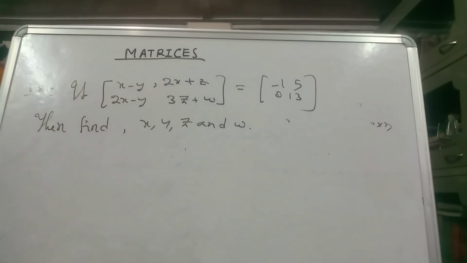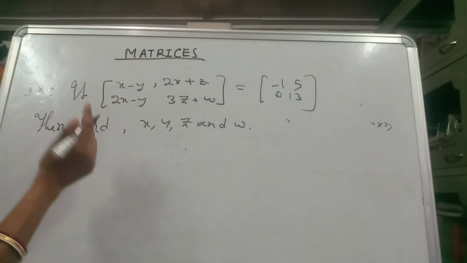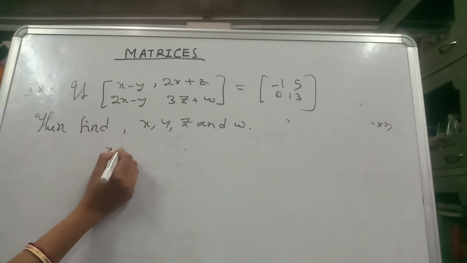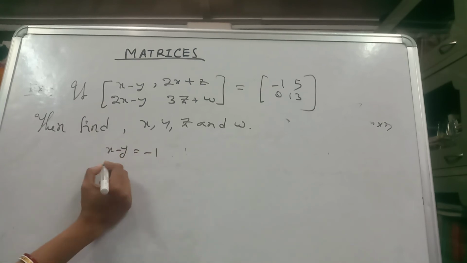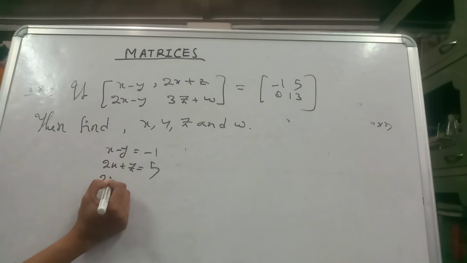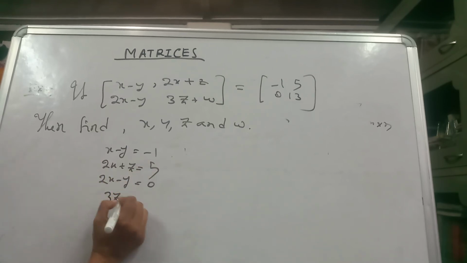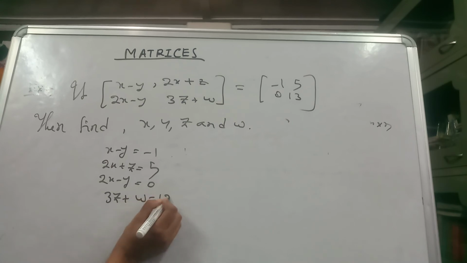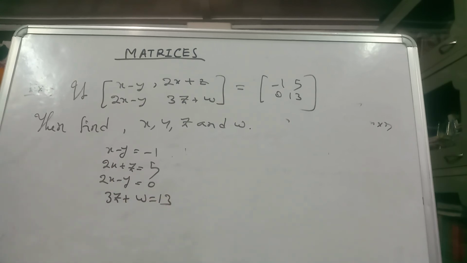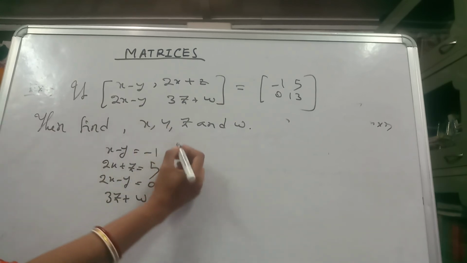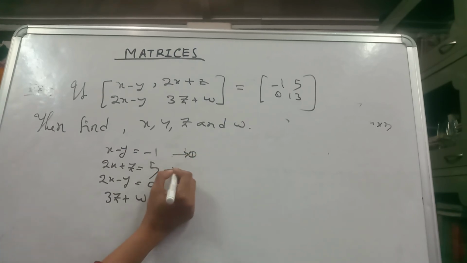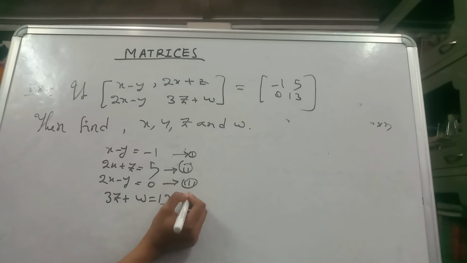Now we can form some equations in this way. That is x minus y equal to minus 1, 2x plus z equal to 5, 2x minus y equal to 0, and 3z plus w equal to 13. It is our equation number 1, equation number 2, 3 and 4.